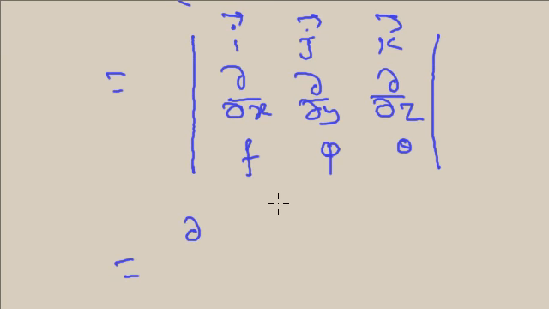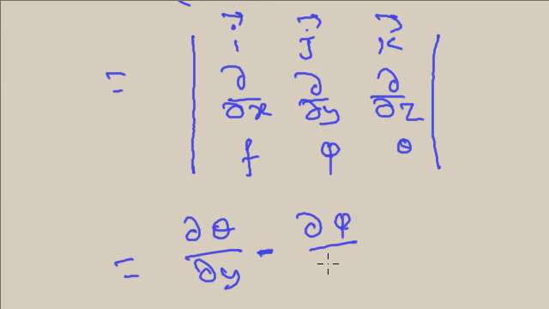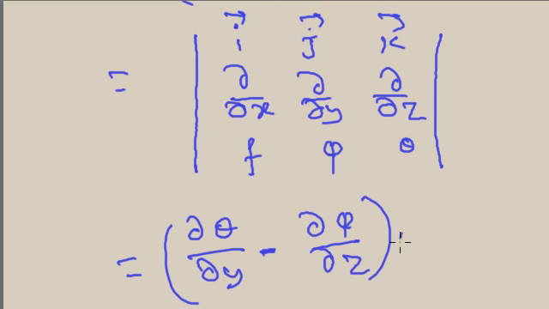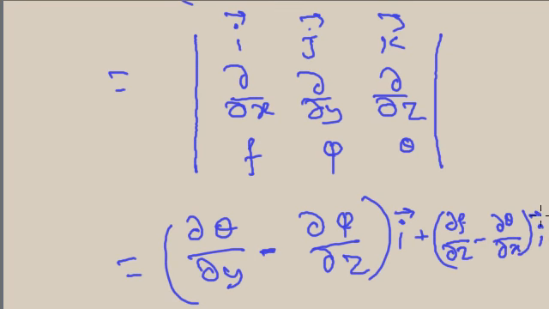That means del theta by del y minus del phi by del z, i, plus similarly for j, del f by del z minus del theta by del x, j, and plus for k, del phi by del x minus del f by del y, k.